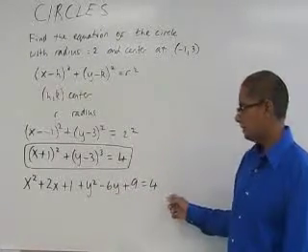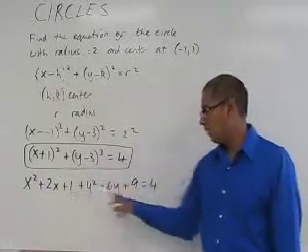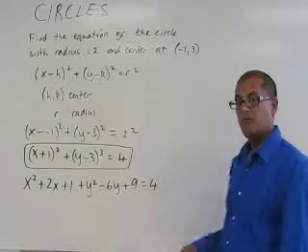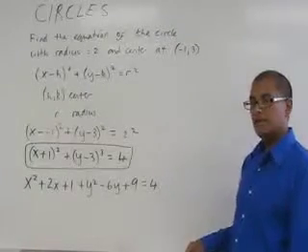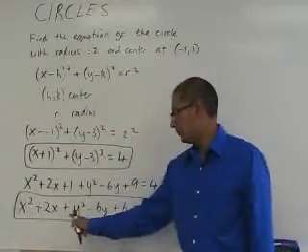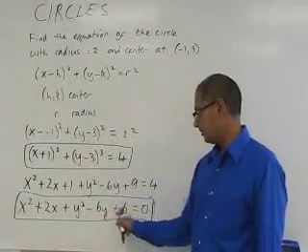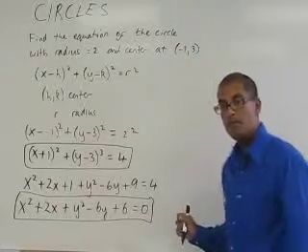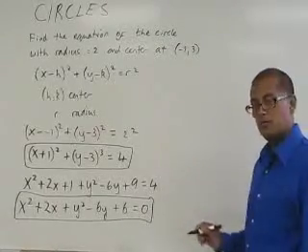Now we can combine like terms, there are constants here. We can have 1 plus 9, that's going to give me 10, and we're going to subtract 4 from both sides. So what we end up with is x squared plus 2x plus y squared minus 6y plus 6, remember the 6 came from 1 plus 9 minus 4, equals 0, so we have 0 on the right side.